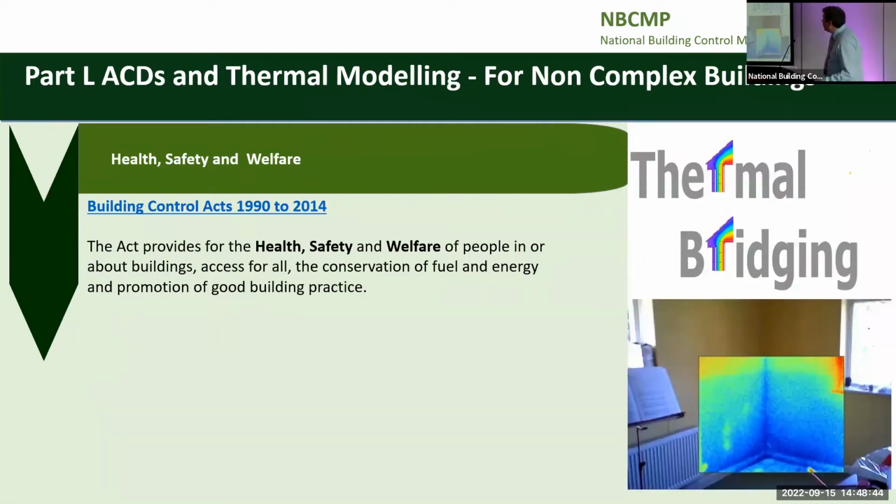The Building Control Act 1990-2014 provides for the health, safety and welfare of people in and about buildings, access for all, the conservation of fuel and energy, and the promotion of good building practice.